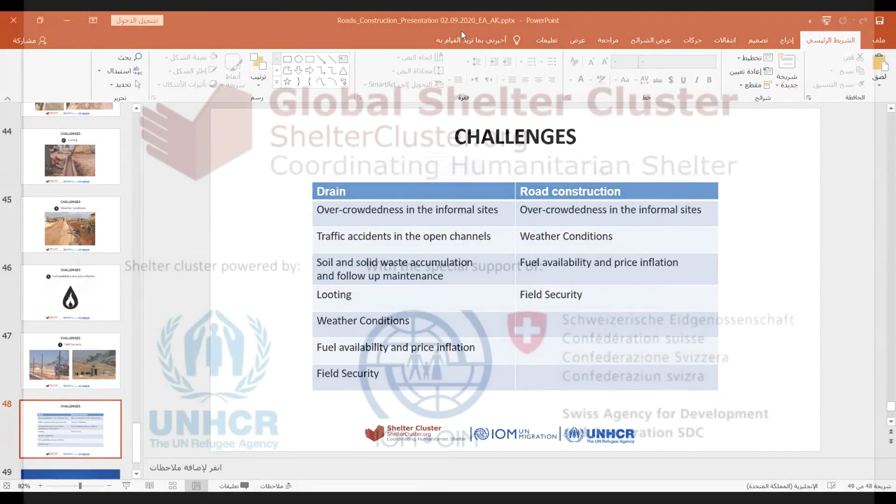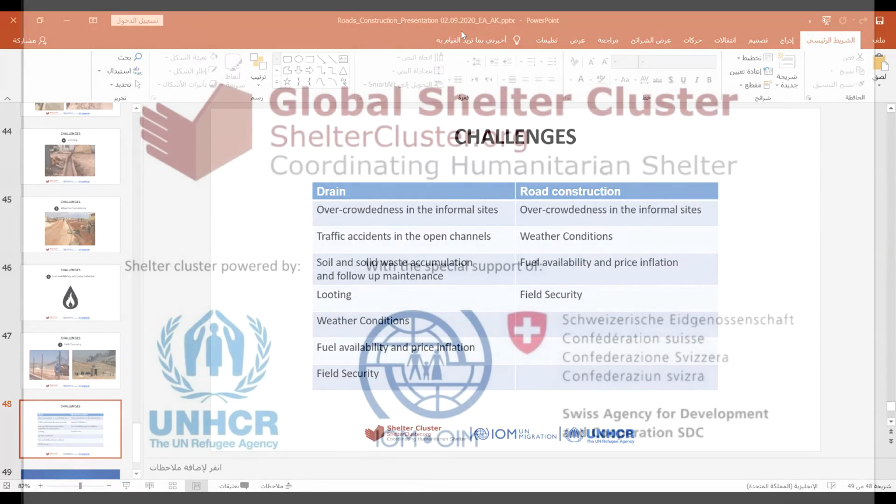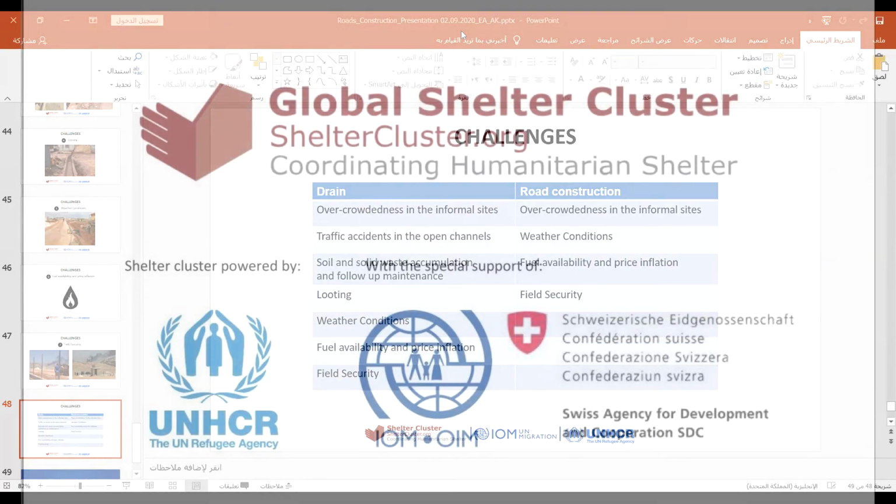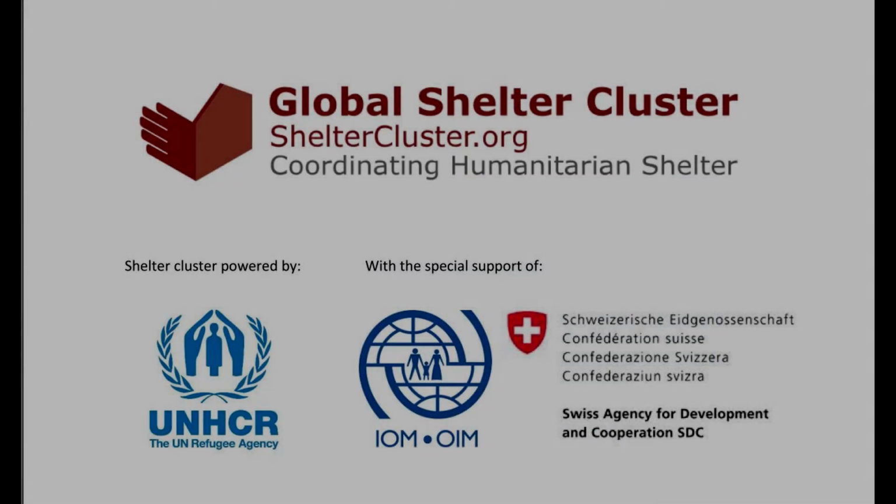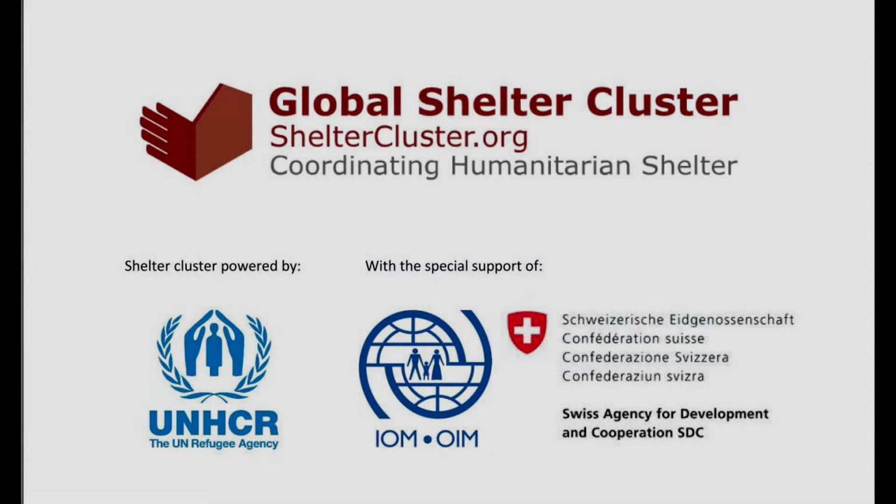You have minimum criteria that need to be met. You have 1 kilometer or 2 kilometers, but in reality, when you go to the camps in northern Syria and IDP sites, you have more than 2 kilometers, so what can you do there? Yes, you are right. However, you are obliged to stay within budget. You can maybe construct fewer roads. But you're right, we shouldn't compromise the minimum requirements.